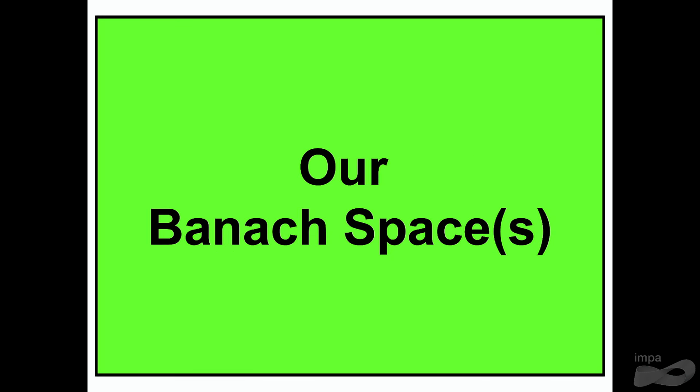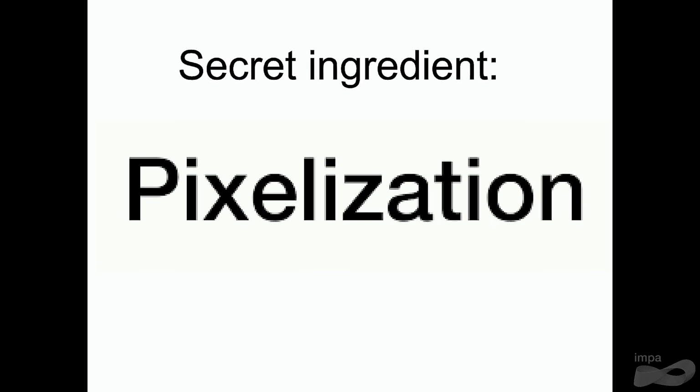Okay, so now I told you what kind of structure I need to define this space of functions where everything is nice and wonderful. So now let me describe this space of functions. So the secret is, I don't even know how to pronounce this, pixelization, okay?